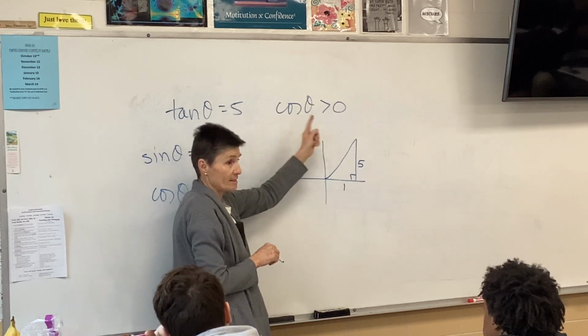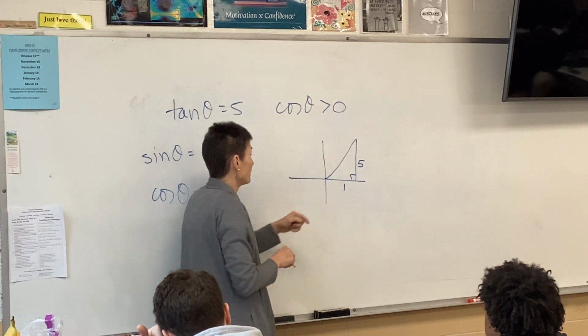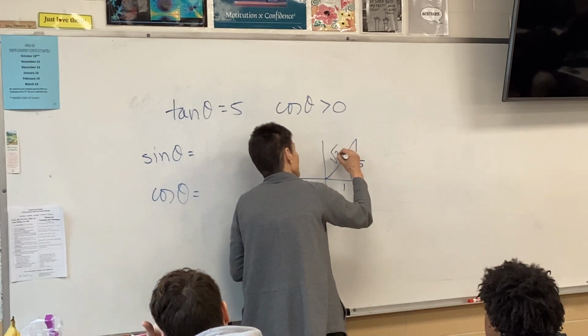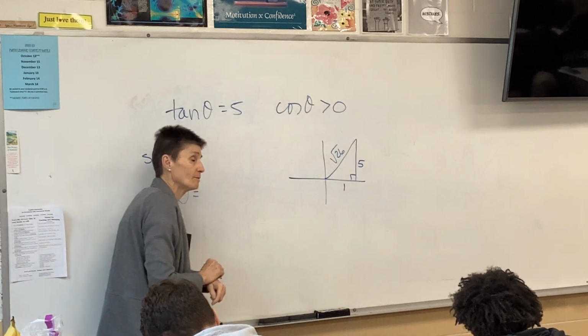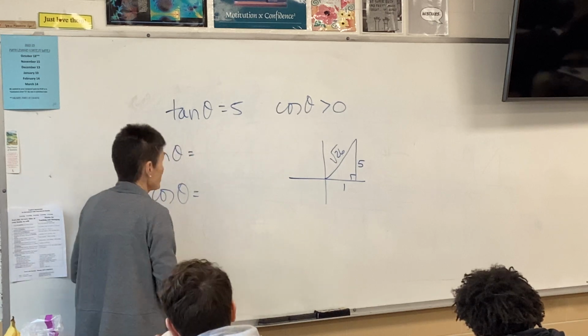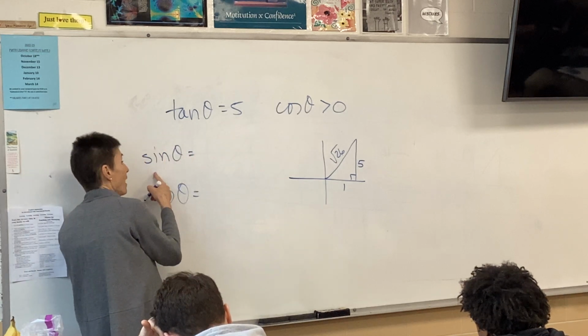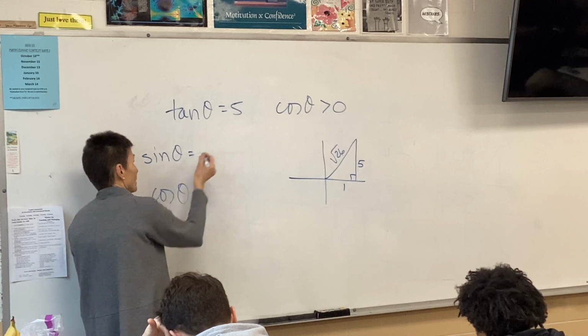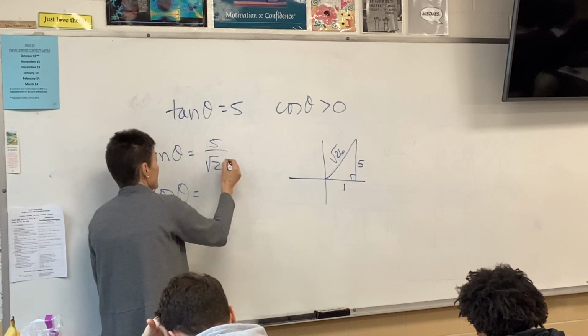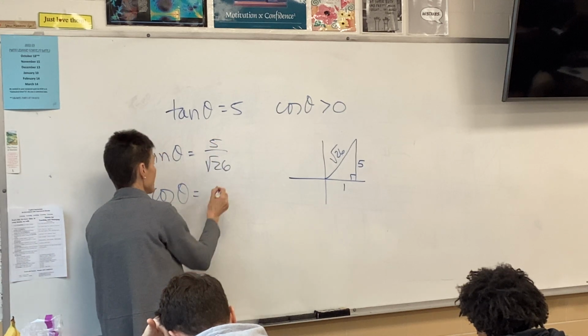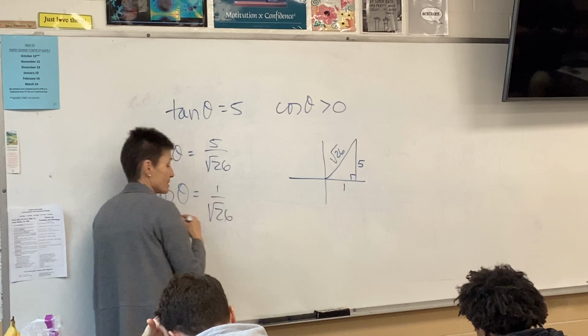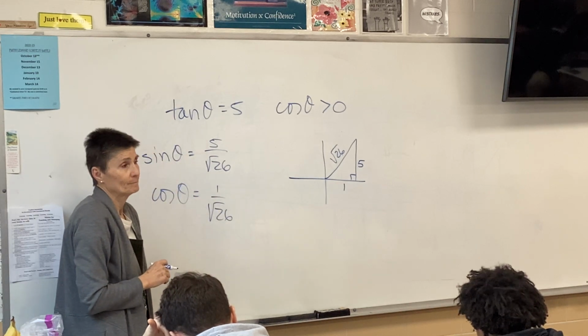Can't have both of these in any other quadrant. So there it is. Hypotenuse would be root 26 by the Pythagorean theorem. And now we can answer our questions. Easy. Sine is 5 over root 26. Cosine is 1 over root 26. Easy as can be.